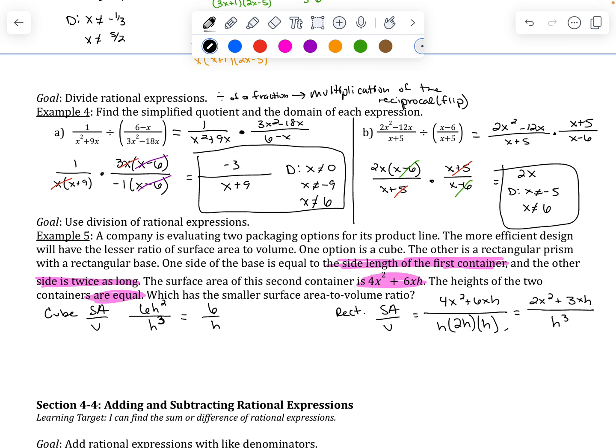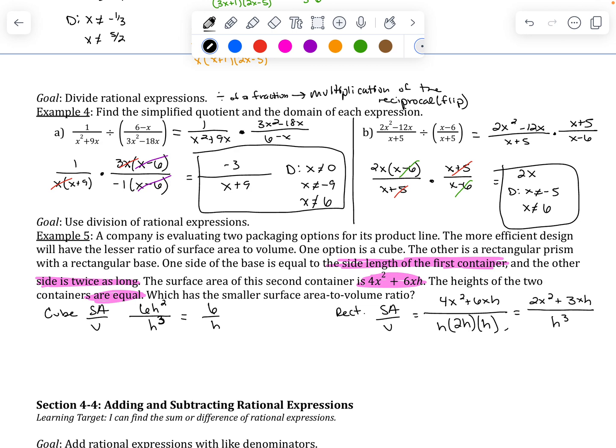So, since we have two different variables there, it's kind of hard because nothing really canceled out in the second one. So your smaller surface area to volume ratio, looking at this, is going to be your cube. And the reason why I say that is because your x isn't going to be a negative number.